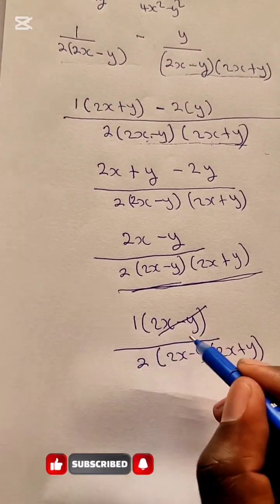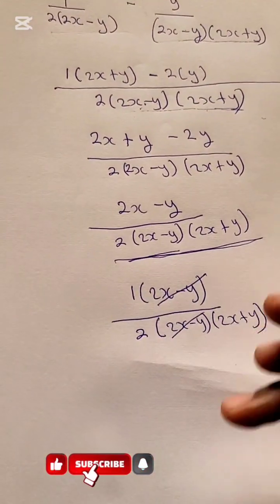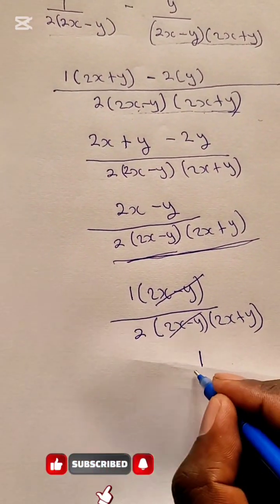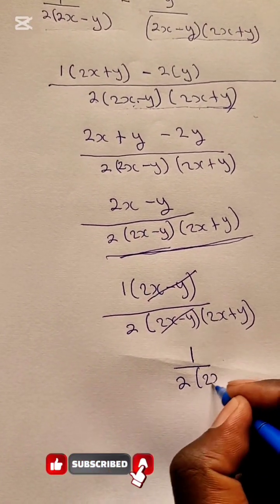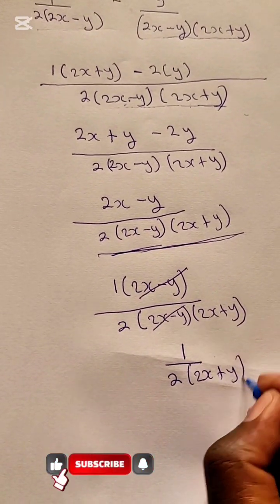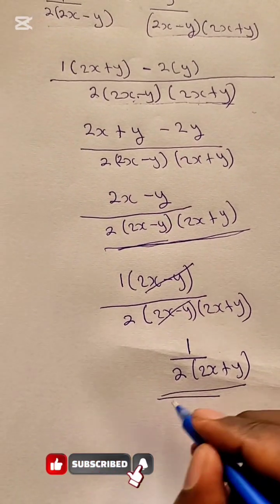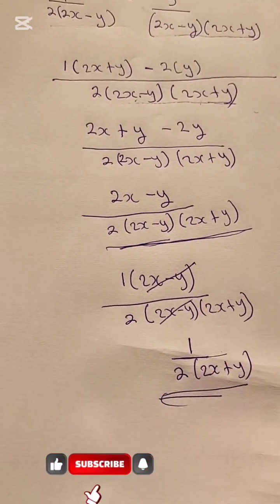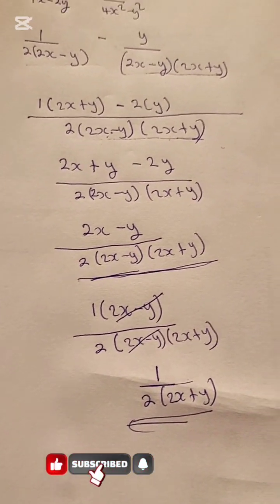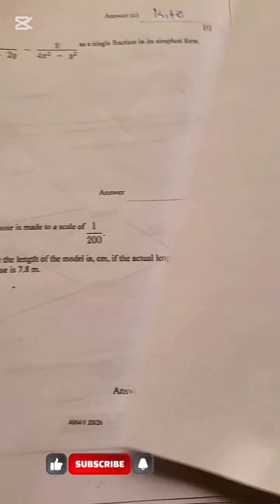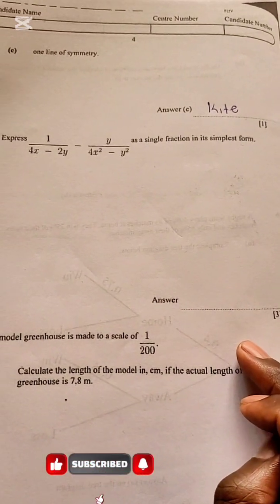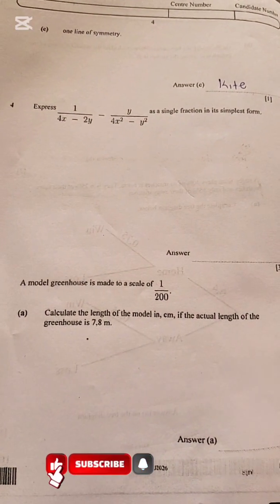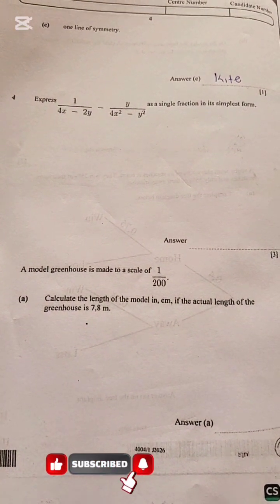So these two are the same, so they can cancel each other. Then there will be 1 over 2 times 2x plus y. That will be our final answer. Okay, are we together? So that's expressing or simplifying as a fraction in its lowest term.